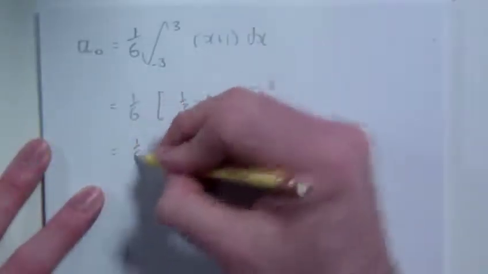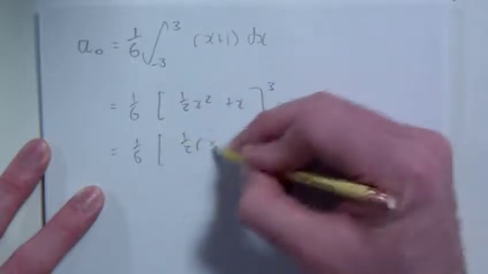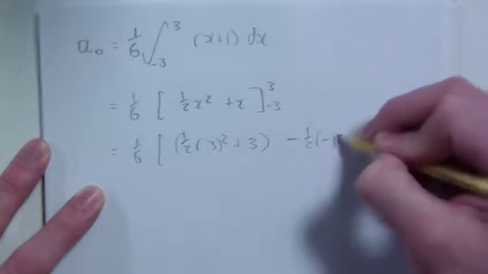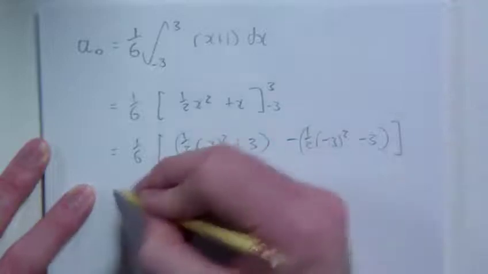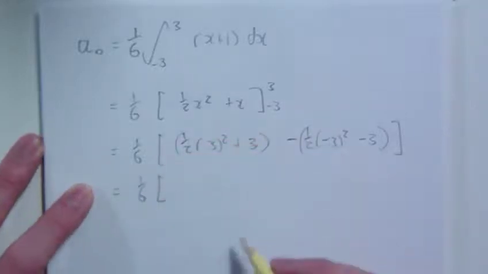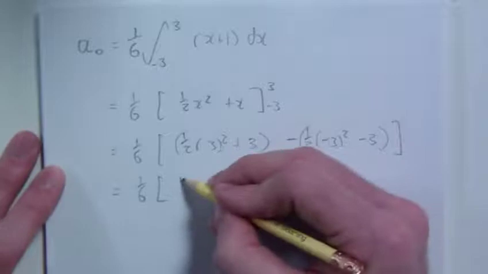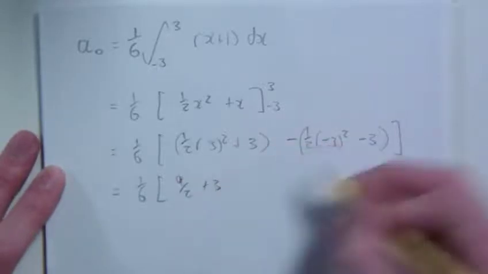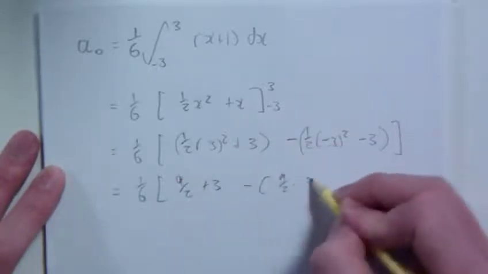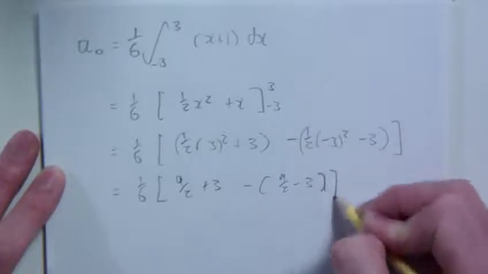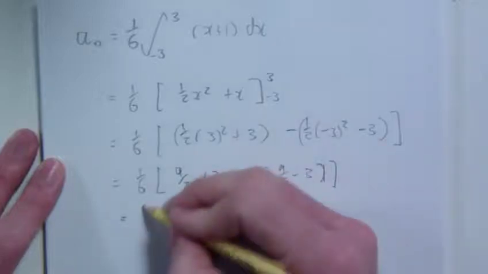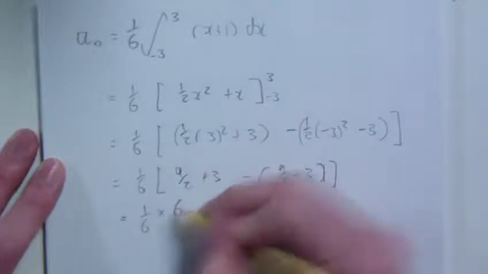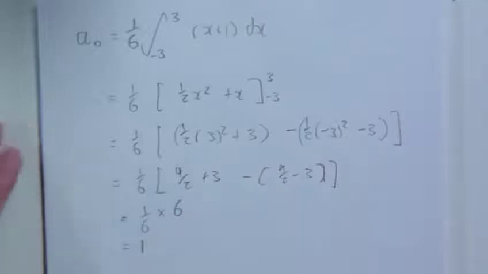And so I'm getting a half of 3 squared plus 3 minus a half of minus 3 squared minus 3. So we've got 9 on 2 plus 3 minus 9 on 2 minus 3, which is 6. So my A0 is 1.